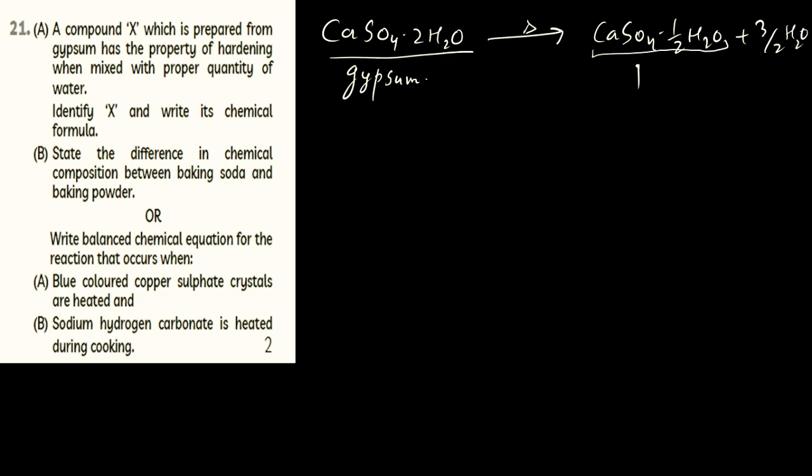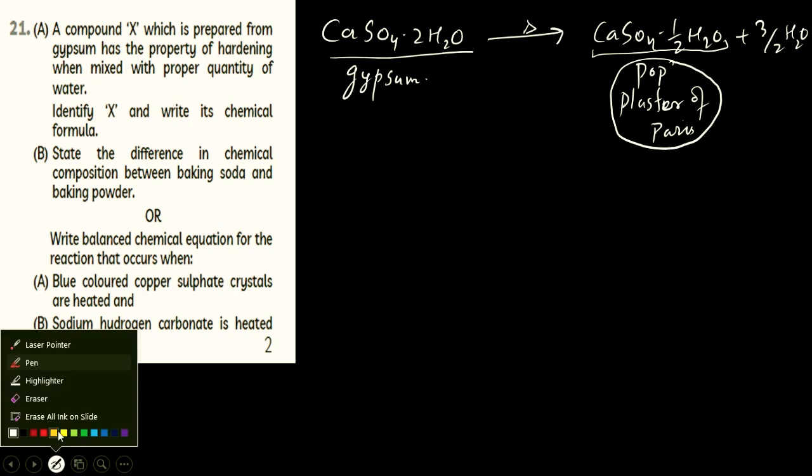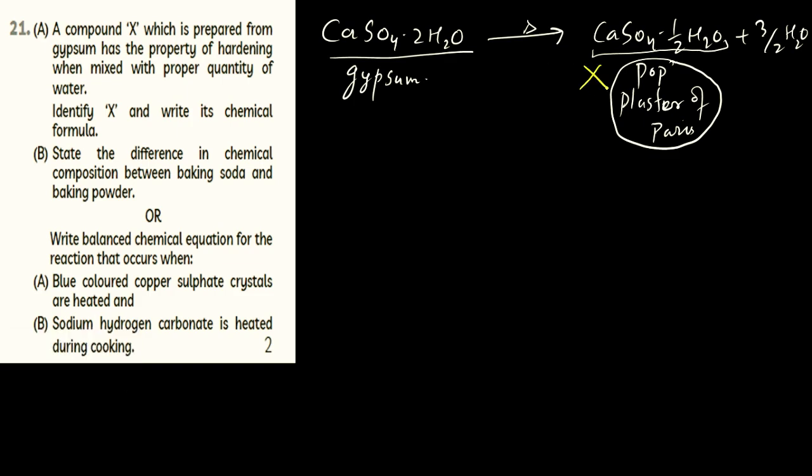This one is POP, plaster of Paris. So when we add adequate amount of water to this POP, it hardens. Identify X and write the chemical formula. A compound X is prepared. So X is our POP. This is X.